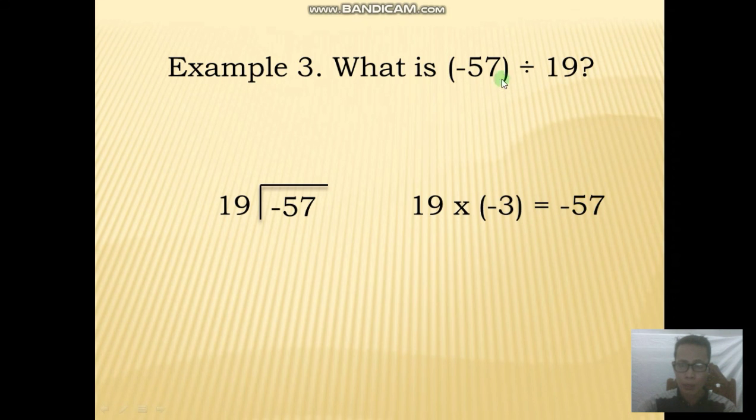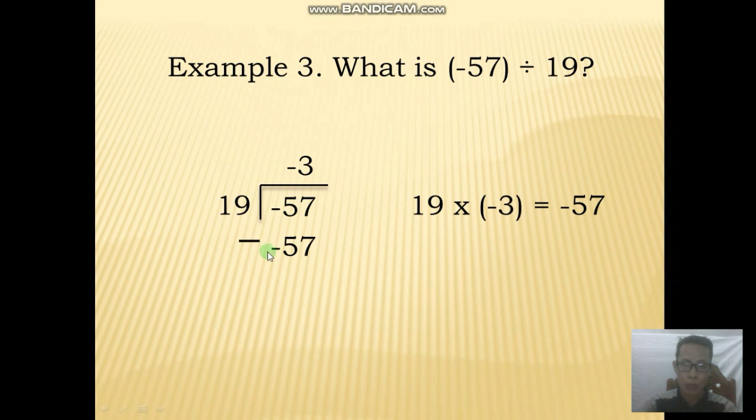If you have noticed guys, the two numbers have different signs, so yung quotient natin dito is negative. So, ito yung unang sagot natin, negative 3. Then, after doing this, we will multiply. So, 19 times negative 3, that is negative 57.